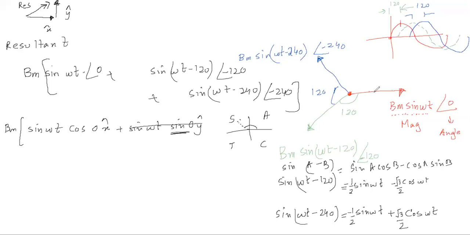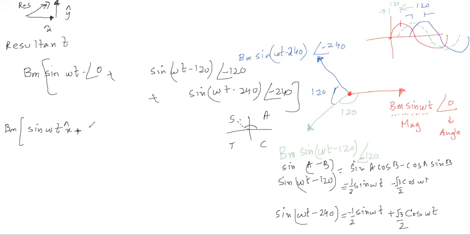As can also be seen here, it is only having a horizontal direction, and cos of 0 we know is 1, so this cos of 0 will vanish, it will just remain sine omega t. So we can get rid of the y term because it is 0, and say it has only an x component, which is equal to this. Let's come to the second one.